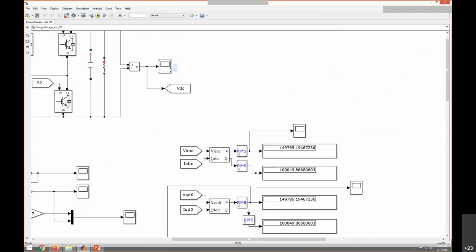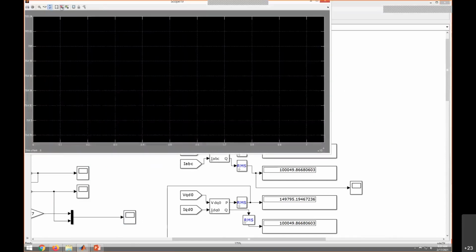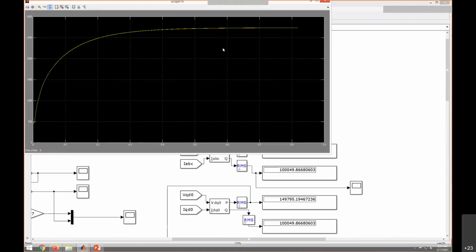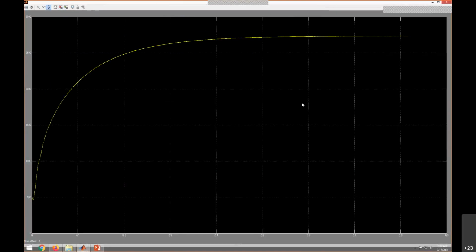So P is V square by R, right? Okay. So from that we need to back calculate this VDC. So this VDC is the square root of P times R. If you calculate that, around 86... how much? 86 volt around.